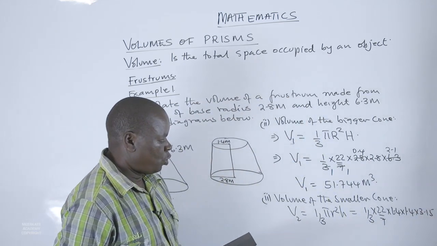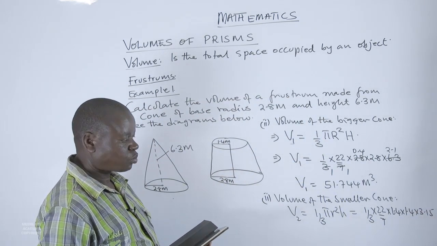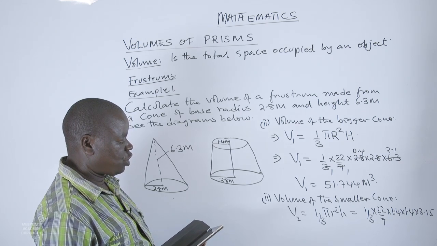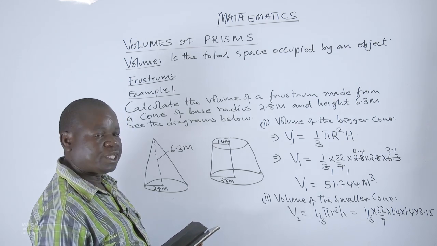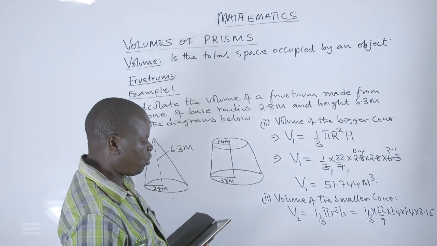A third times 22 over 7 times 1.4 times 1.4 times 3.14.